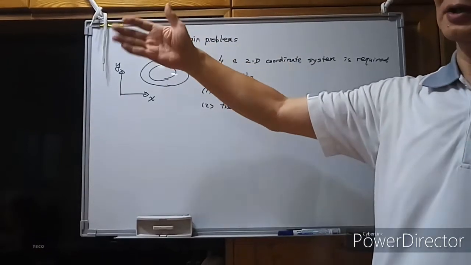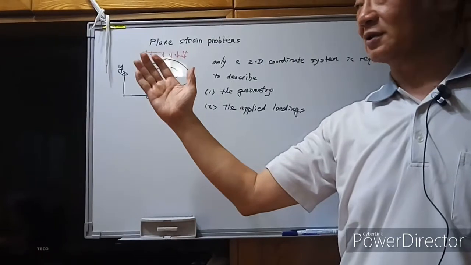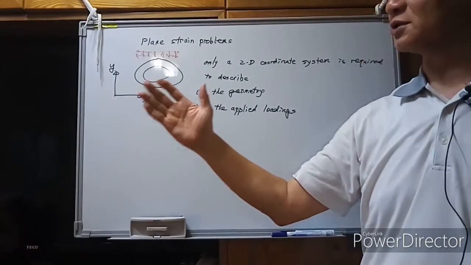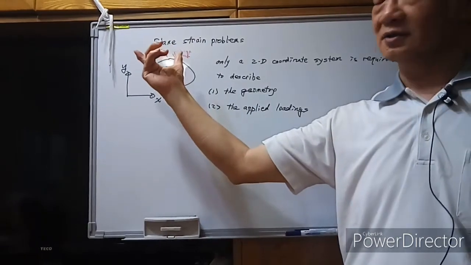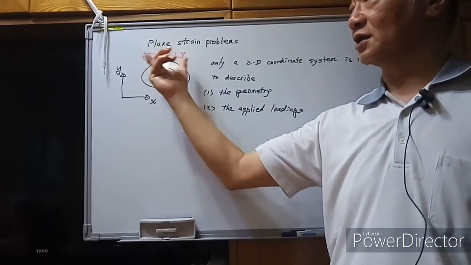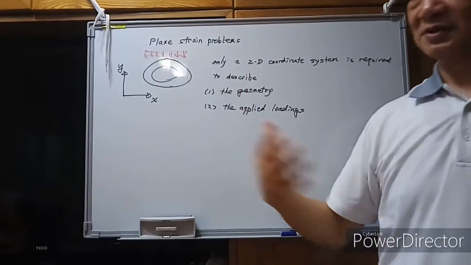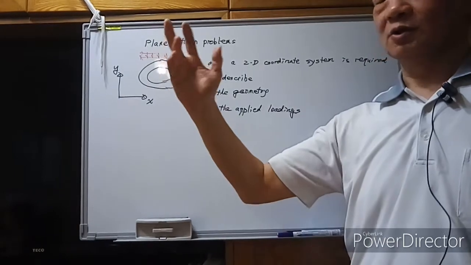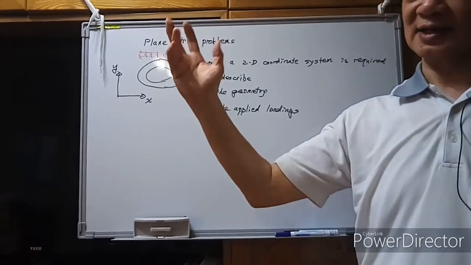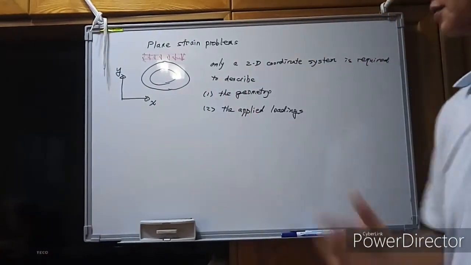For any different z value, if you consider the other cut cross sections, you will see the same distributed load applied at the top of the structures. It is also the basic assumption. The applied loading is exactly the same, no matter which cut cross section you would like to consider.